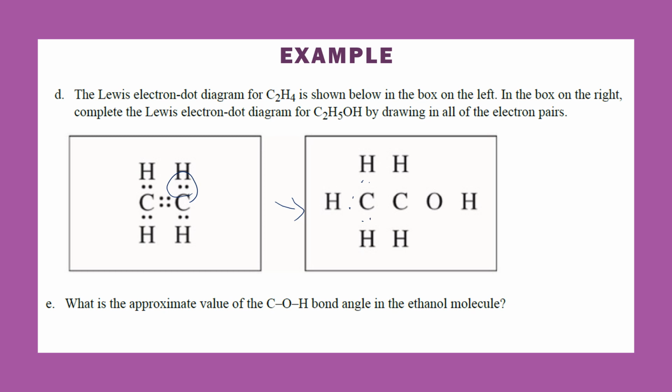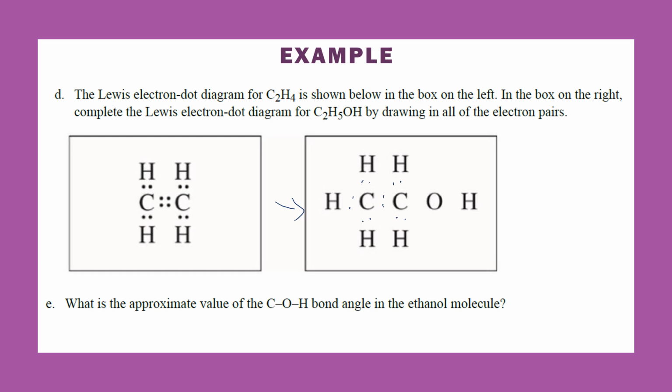So all of those carbon-hydrogen single bonds. Each carbon, of course, needs a full octet. There's going to be a carbon-carbon single bond between those 2 carbons, and not a double bond as in the C2H4.